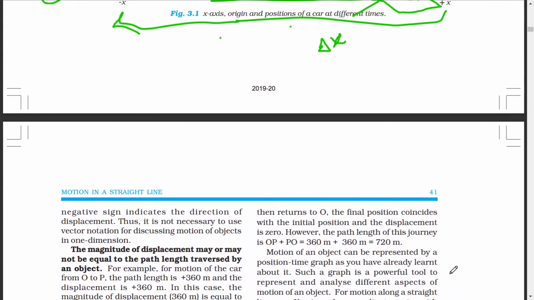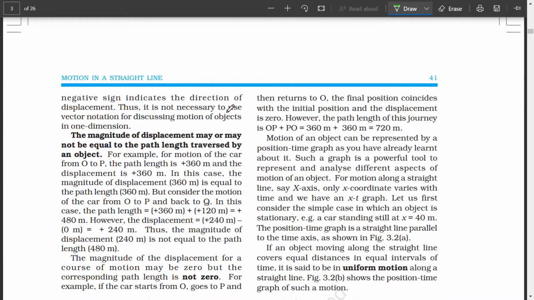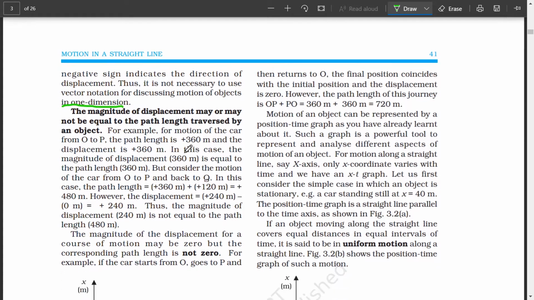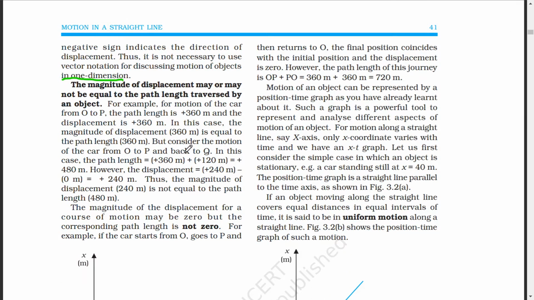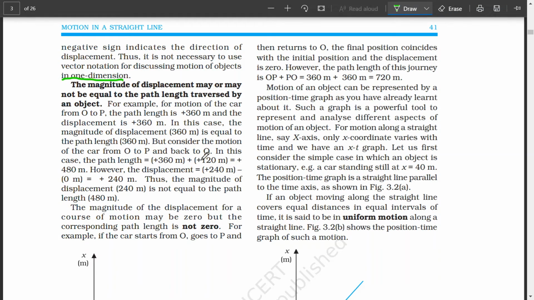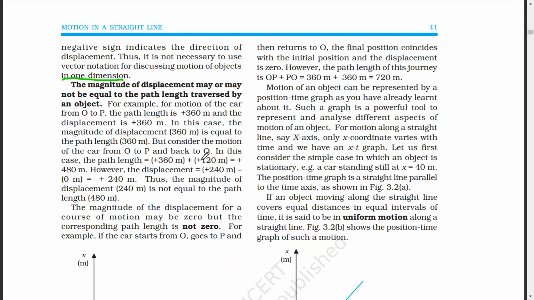Let us go forward. The negative sign indicates the direction of displacement. Thus, it is not necessary to use vector notation for discussing motion of objects in one dimension. Yes, so vector notations are not needed. They come into use when we talk about two dimensions. Two dimensions mean when we have a Cartesian plane, x and y plane.